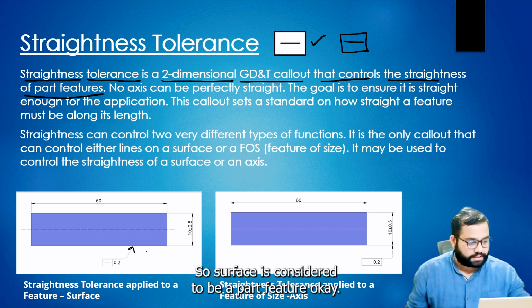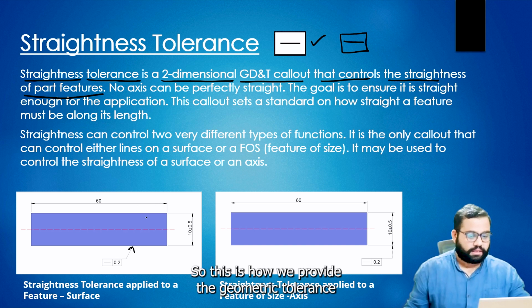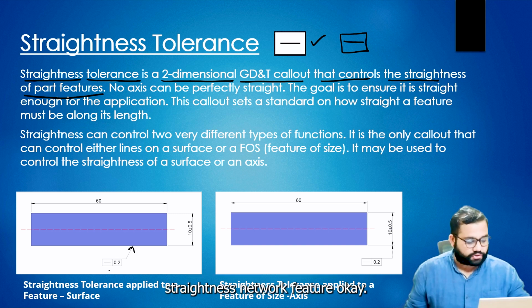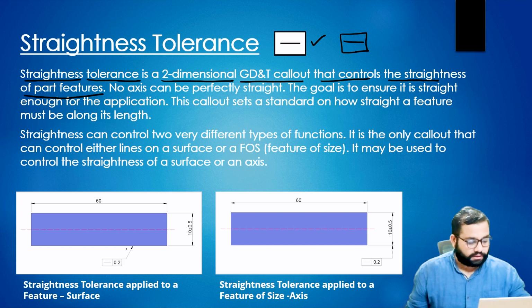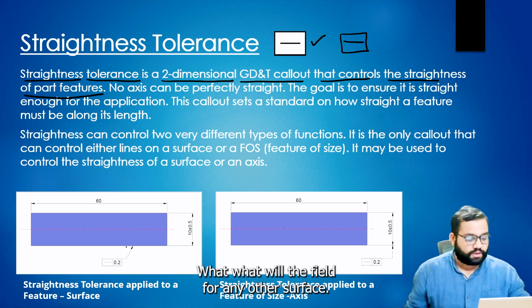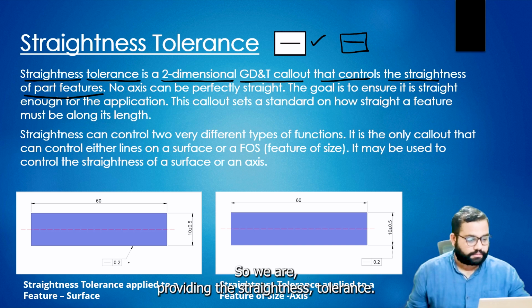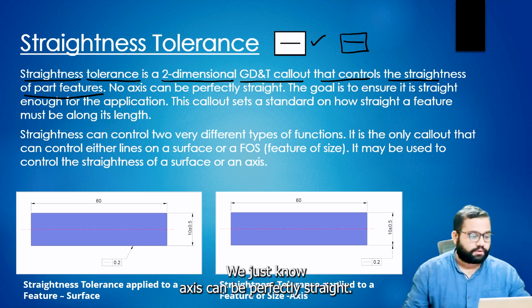The surface is considered to be a part feature. This is how we provide the geometric tolerance of straightness to a part feature. Whenever we put the arrow towards a whole surface or any other surface, we are providing the straightness tolerance to a part feature.